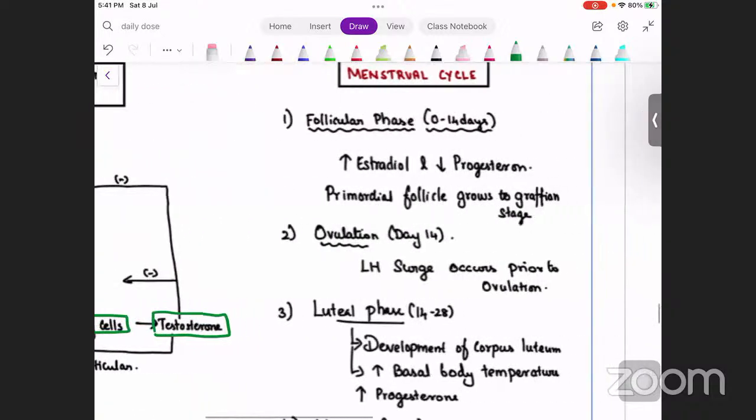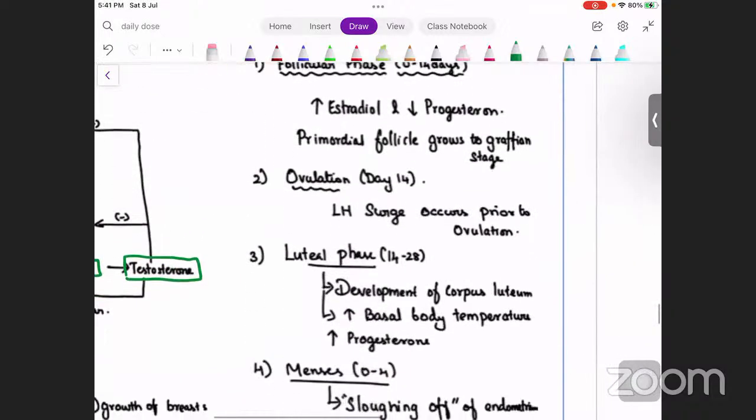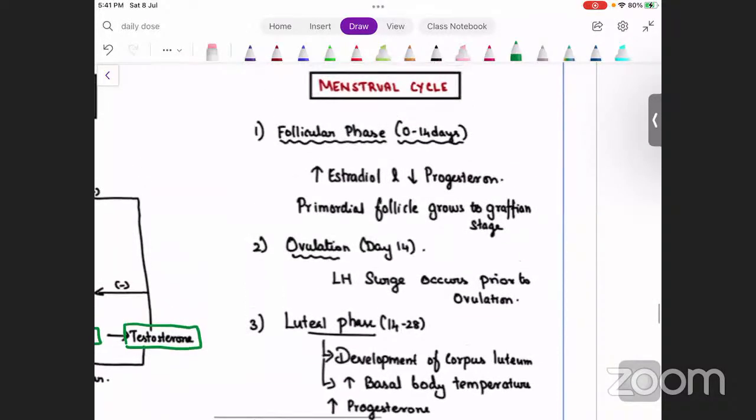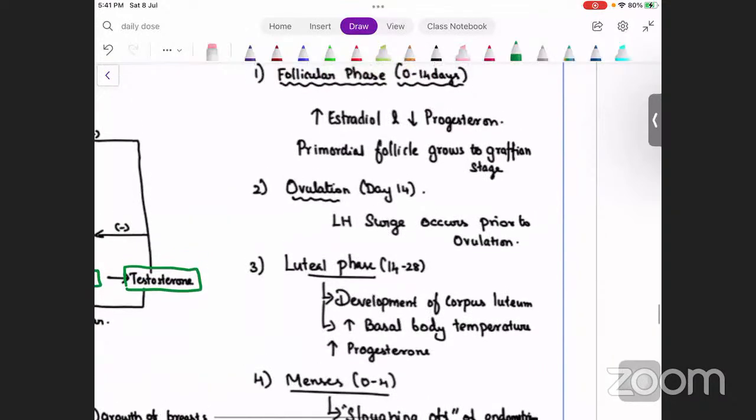Okay, then you have the menstrual cycle. That was the male hormone; now we are talking about the female hormone. We have the follicular phase, ovulation phase, luteal phase, and menstrual phase. In the follicular phase, you see an increase in estrogen and a decrease in progesterone, and the primordial follicle will grow into a Graafian follicle.